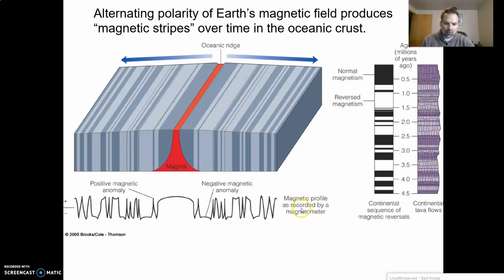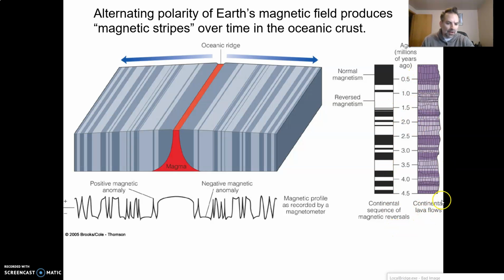This is the magnetic profile recorded by a magnetometer of the ocean floor, and here at 0.5 of a million years ago, we have normal magnetism, and then here we have a reverse at 1.5 million years ago, we have reverse polarity. So it cycles through normal, reverse through time.